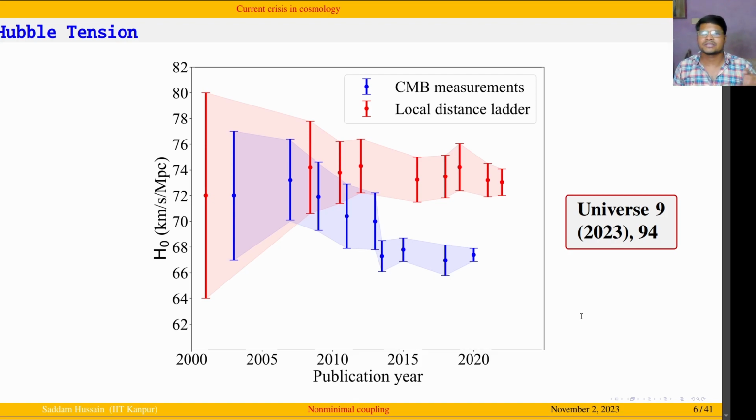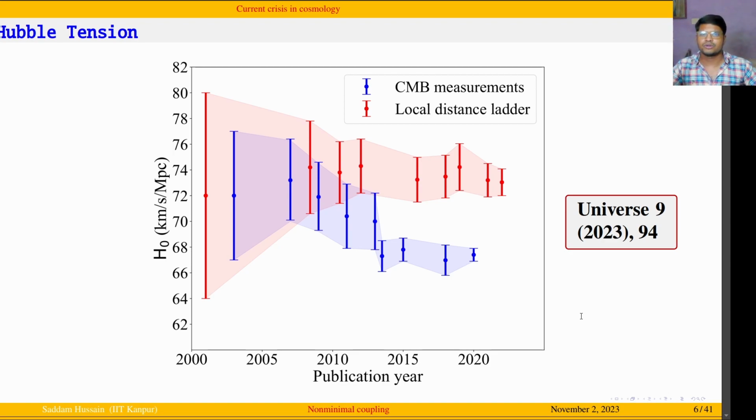In the blue we can see the cosmic microwave background measurement. It is called an indirect measurement, where you have to choose some model. In this case we are choosing the lambda CDM model, and for the supernovae from the local distance ladder we are measuring the Hubble constant directly.